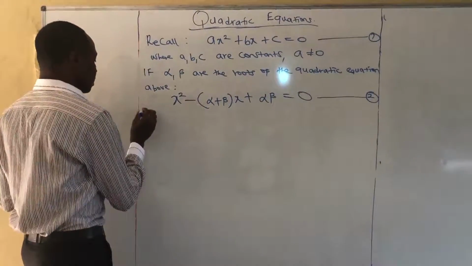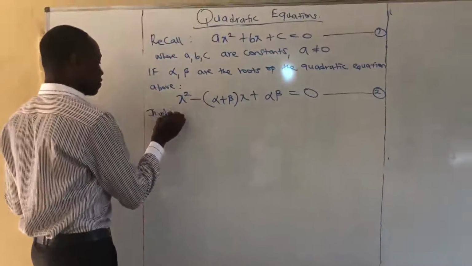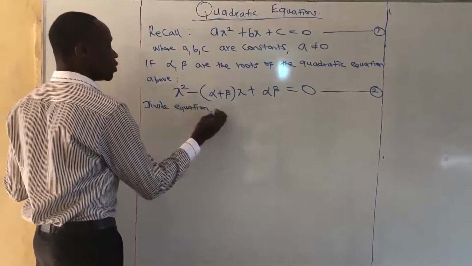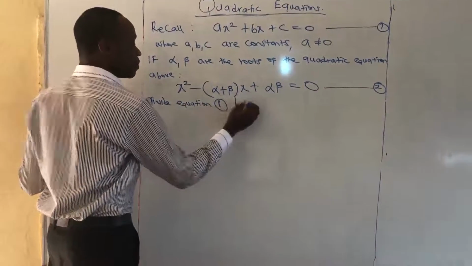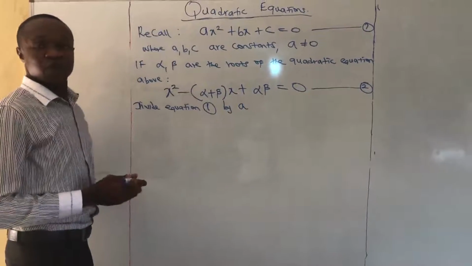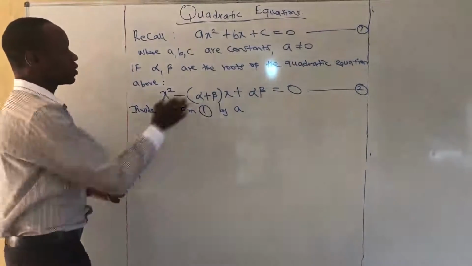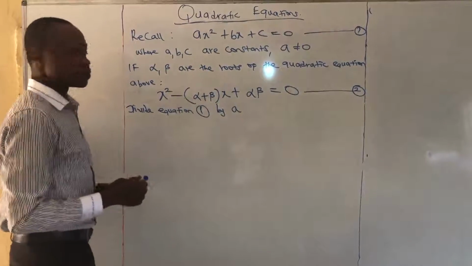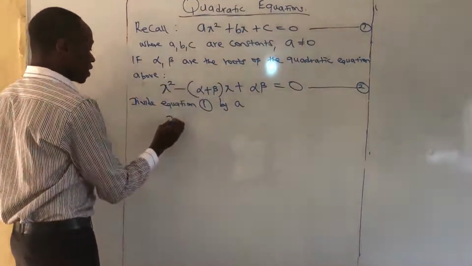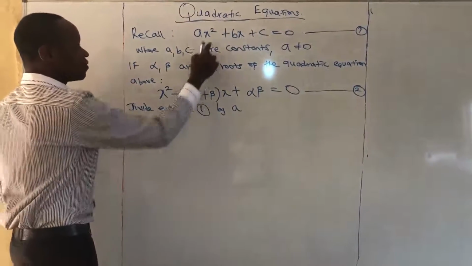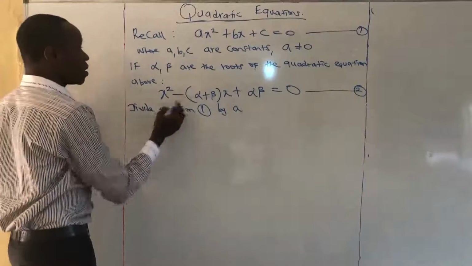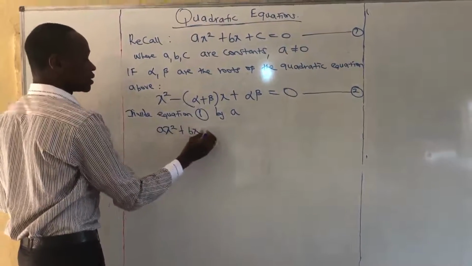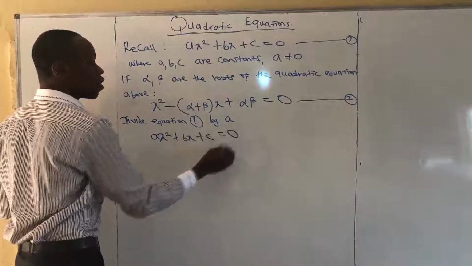Now we divide equation 1 by A, so that equation 1 can be compared to equation 2. Remember equation 1 is ax squared plus bx plus c equal to 0.